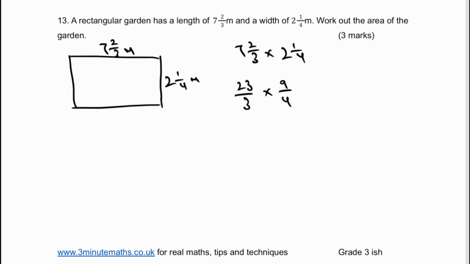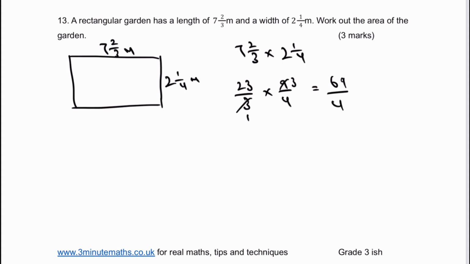Okay, I'm looking for ways in which I can make my calculation easier, so that 3 and the 9 can be reduced, so that's going to be 1, that's going to be 3. So that's really going to give me 23 times 3, which is 69, divided by 1 times 4, which is going to be 4.